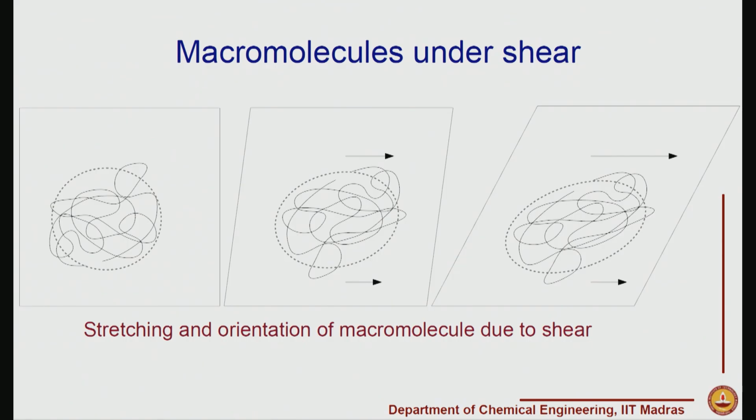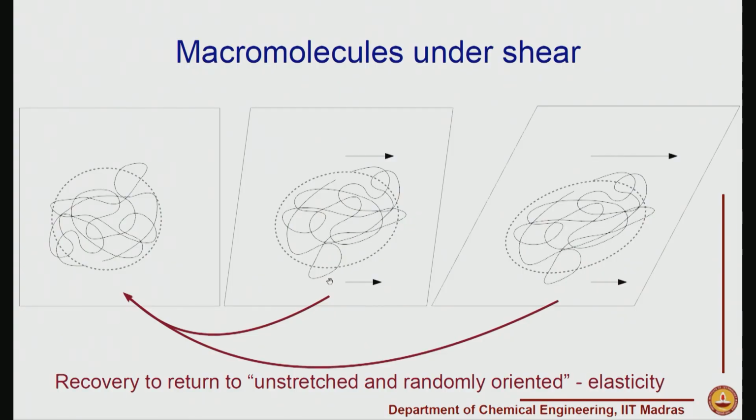So, stretching and orientation are inherent phenomena which take place at the molecular scale when we have macromolecules under shear. Of course, the result of this stretching and orientation is also an inherent elasticity built into these macromolecular systems, because as soon as we stop the shear, there is a tendency for the macromolecule to go back to the spherical, random conformation that it had when there was no flow.